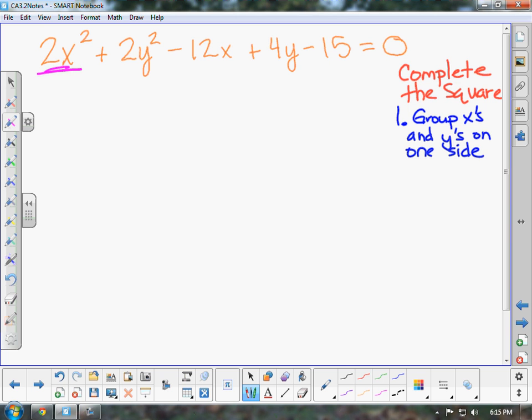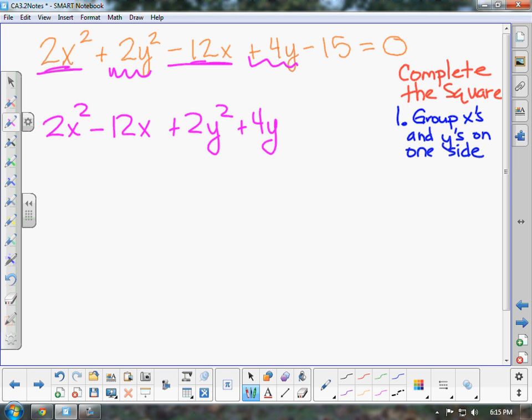So because we have 2x squared and a negative 12x, those go together as 2x squared minus 12x. And then we have 2y squared and 4y, so plus 2y squared plus 4y, and then equals 15, because we want to move the 15 to the other side by adding it.